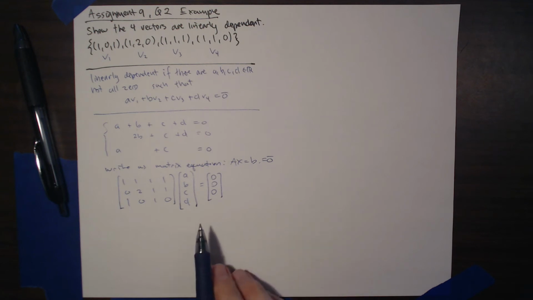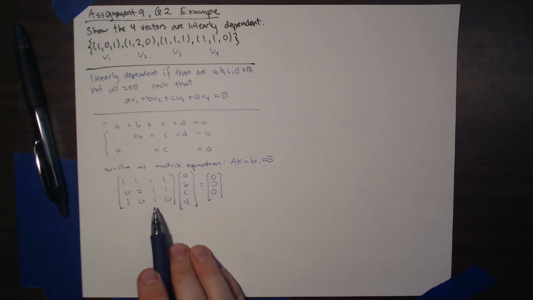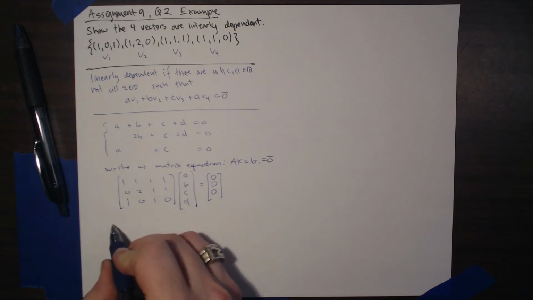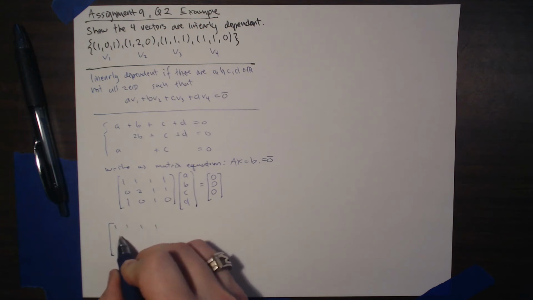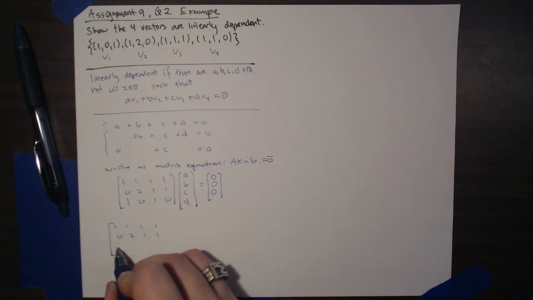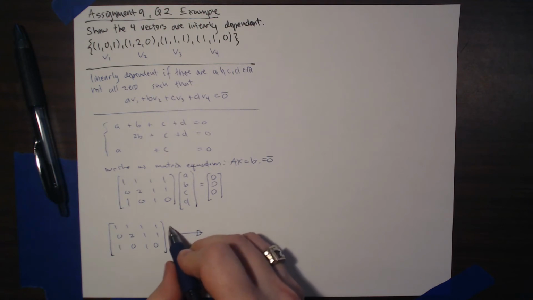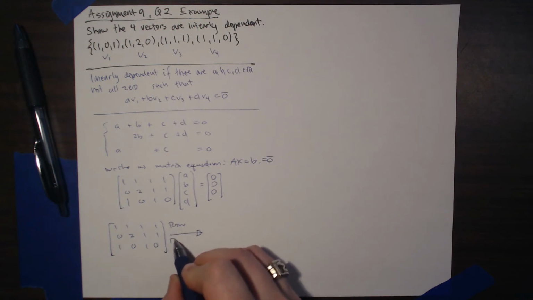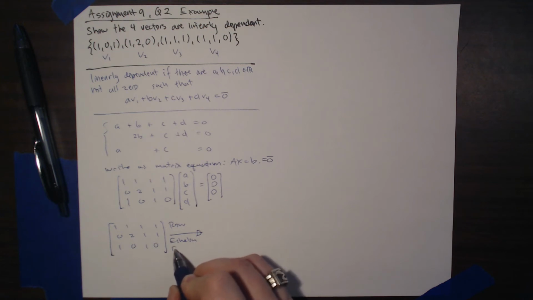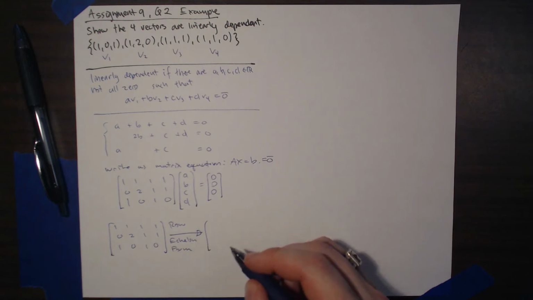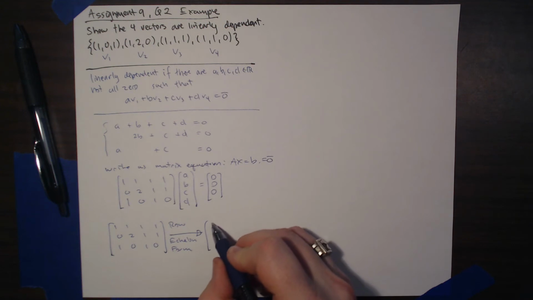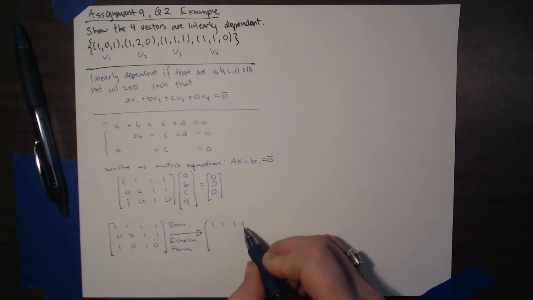Okay, so this is the matrix equation which we're interested in solving, which we can solve by reducing the coefficient matrix to row echelon form. So if we take the coefficient matrix 1, 1, 1, 1, 0, 2, 1, 1, 1, 0, 1, 0, and we find the row echelon form, we will find that that is, top row stays the same, 1, 1, 1, 1.